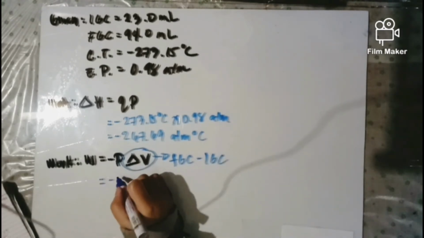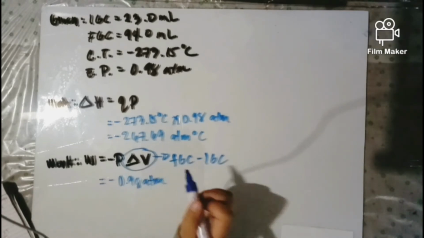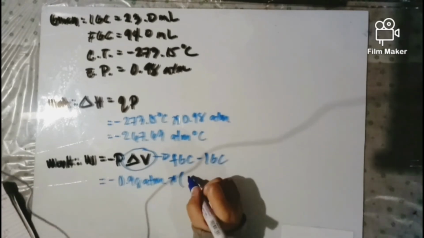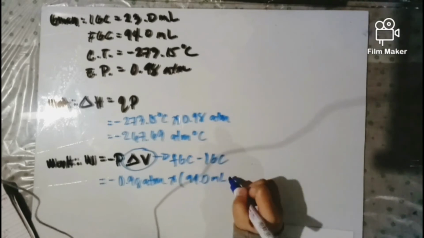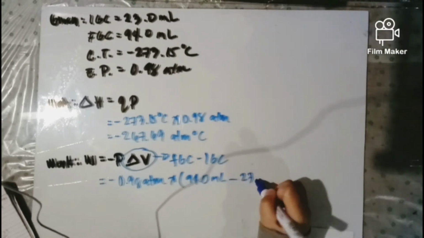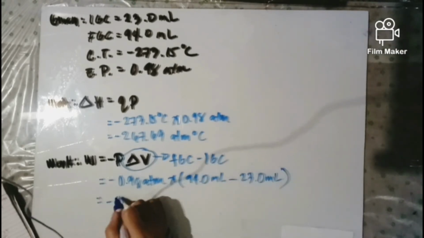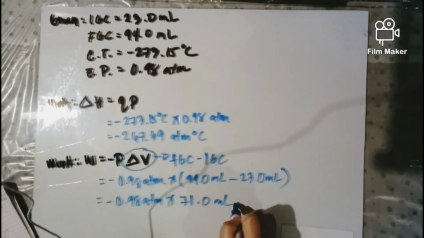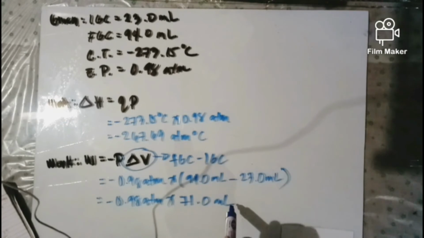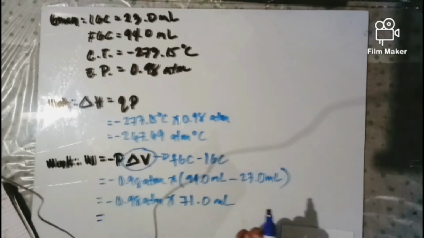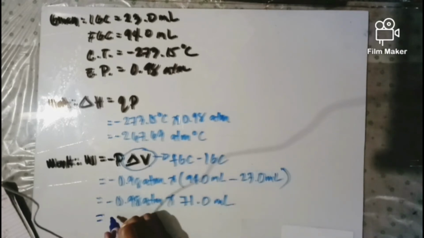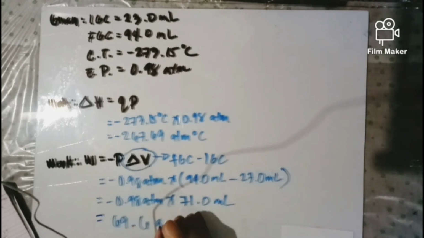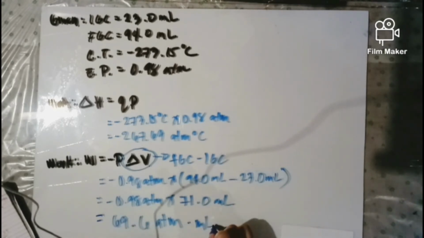Work is equal to negative 0.98 atmosphere multiplied by 94.0 milliliter minus 23.0 milliliter. Negative 0.98 atmosphere multiplied by 71.0 milliliter. That makes 71.0 milliliter the value of delta V. Negative 0.98 atmosphere multiplied by 71.0 milliliter is negative 69.6 atmosphere milliliter.